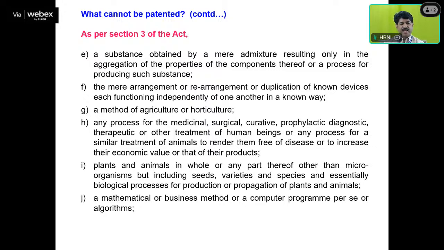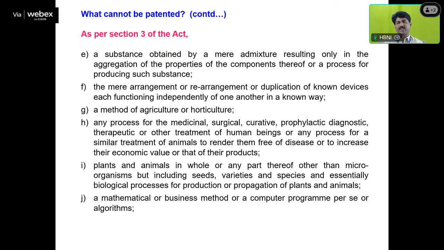Next are plants or animals in whole or any part thereof other than microorganisms, but including seeds, varieties, species, and essentially biological processes for production or propagation of plants or animals, which will also not be given a patent. Similarly, a mathematical or business method or a computer program per se or algorithms are not normally given a patent, like a statistical model which is used for various statistical processes.